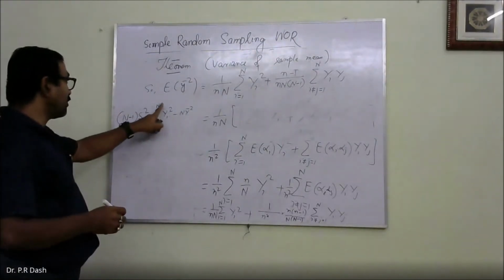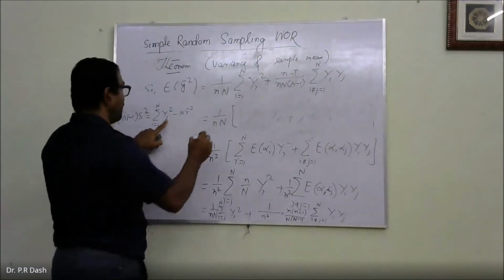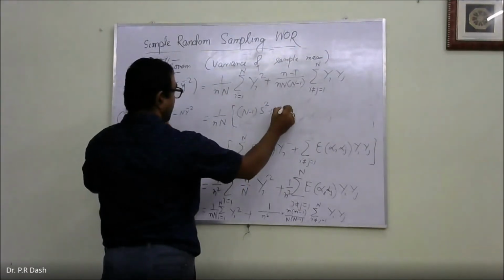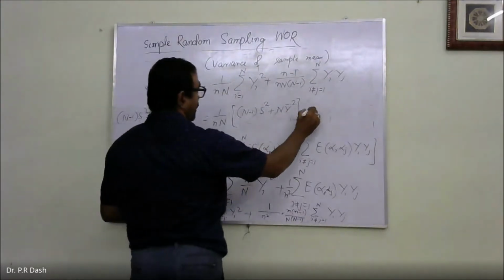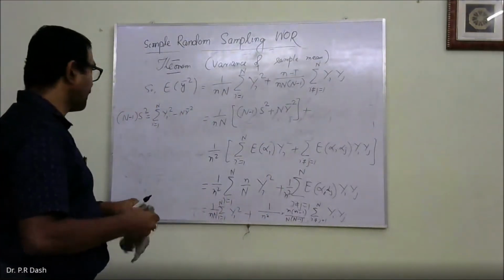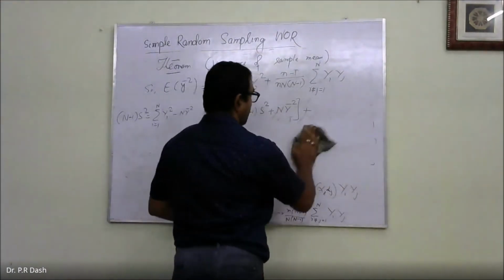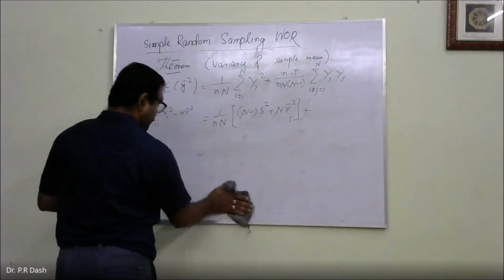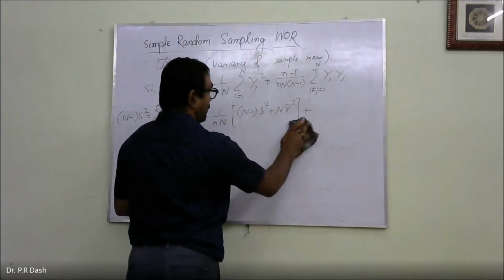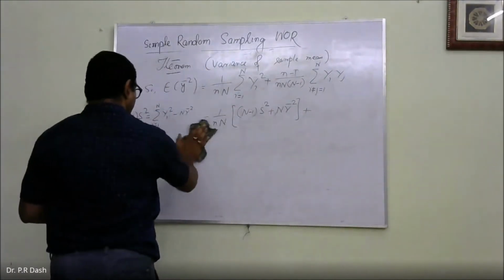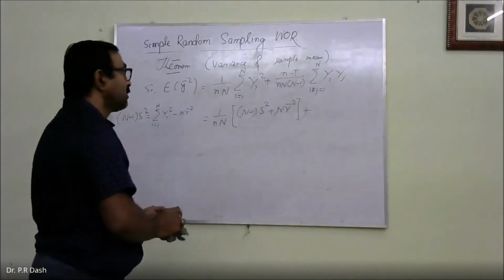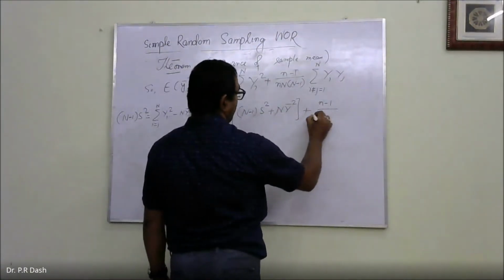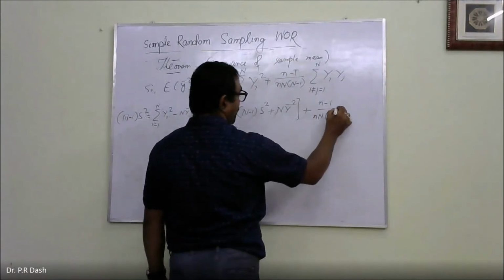So summation i equal to 1 to n yi square will be equal to n minus 1 s square plus n y bar square.